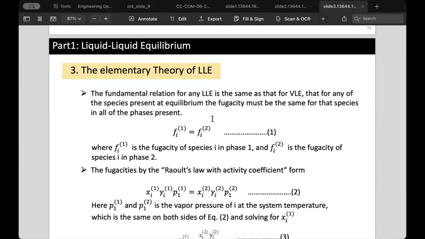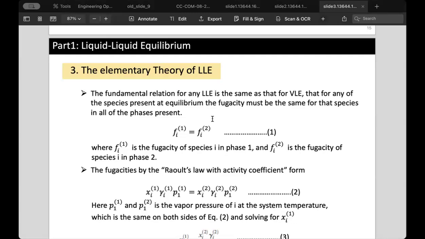And we can estimate the fugacity of the pure liquid by the vapor pressure of that component at the same temperature. So we can write x_i gamma_i P_i^sat, the same component, at a certain phase, at phase 1 and at phase 2.